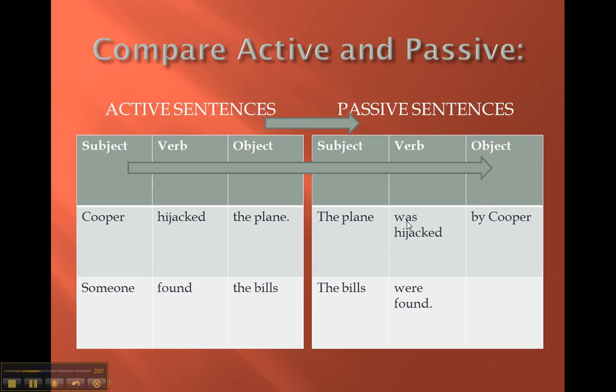And you'll find in the back of your textbook, there's a list of all the verbs. Usually the past participle has an ed on the end of it. If it's an irregular verb, it might be something different.